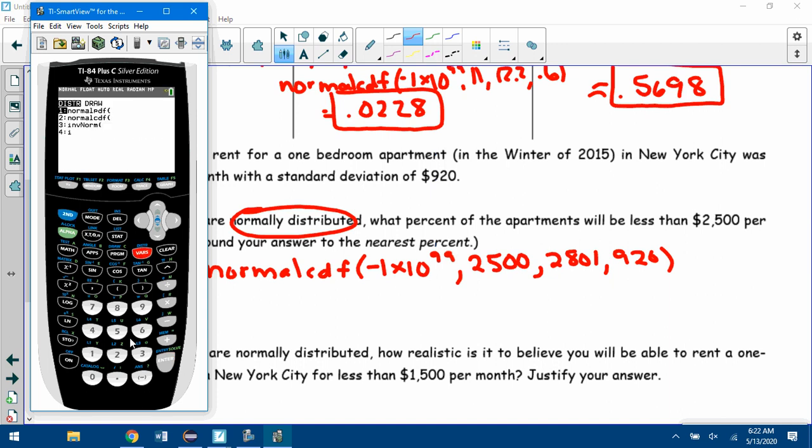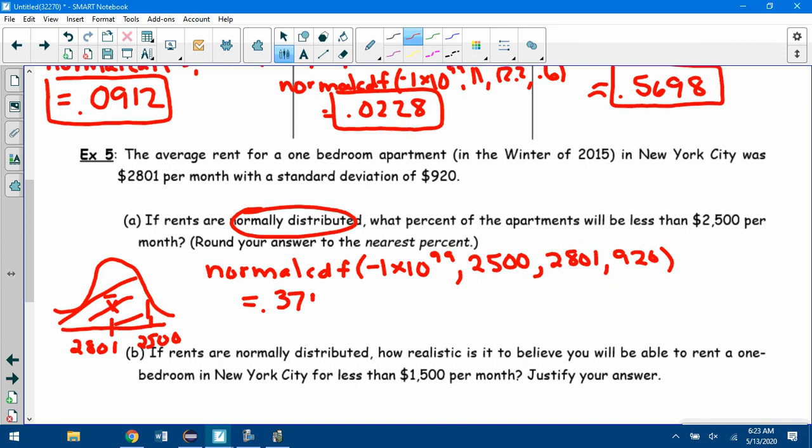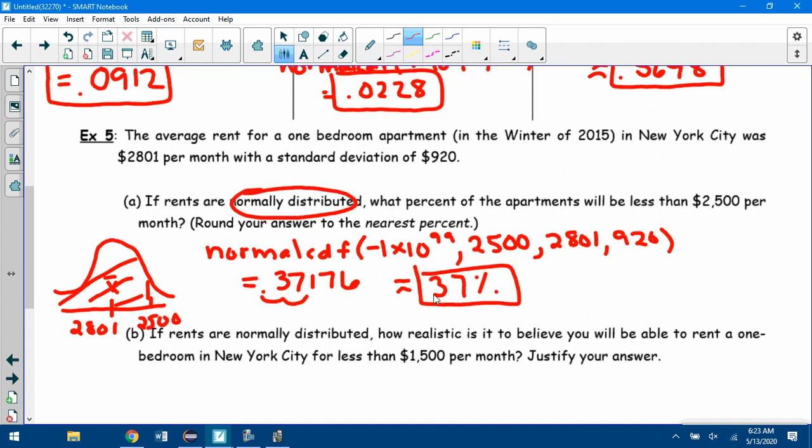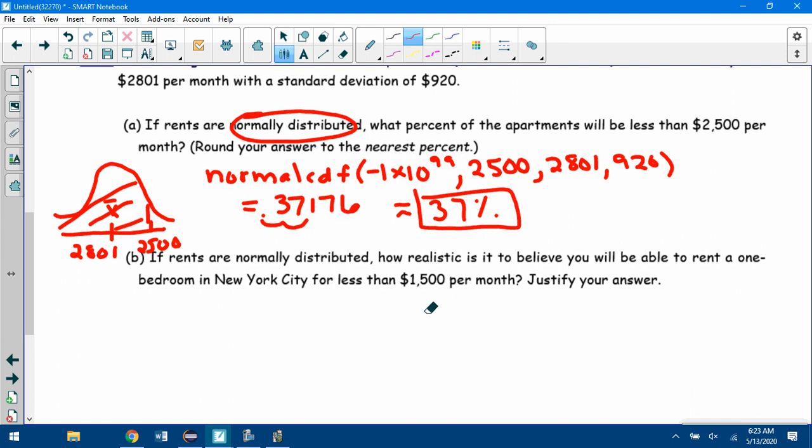So normal CDF, negative infinity, upper 2,500, mean is 2,801, and the standard deviation is 920. 0.37176. So to the nearest percent, what would that be? 37%.